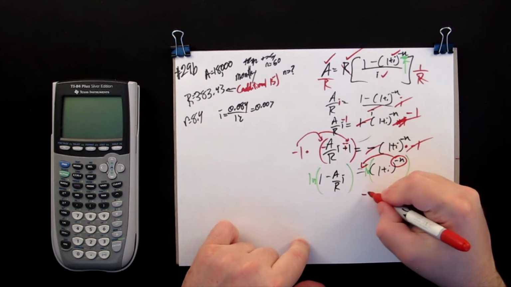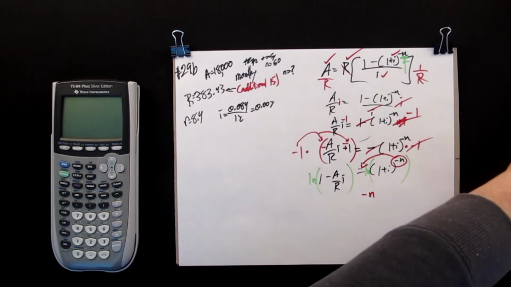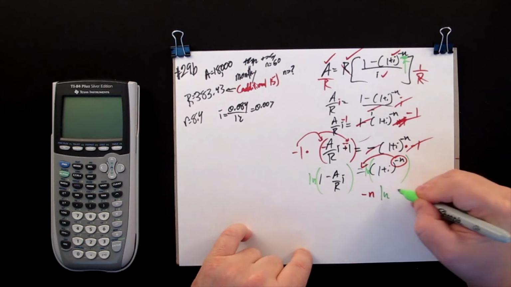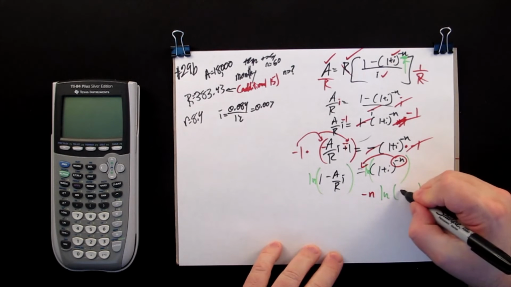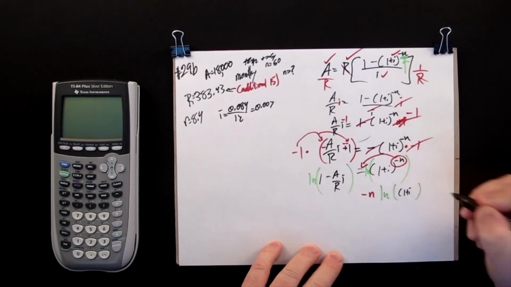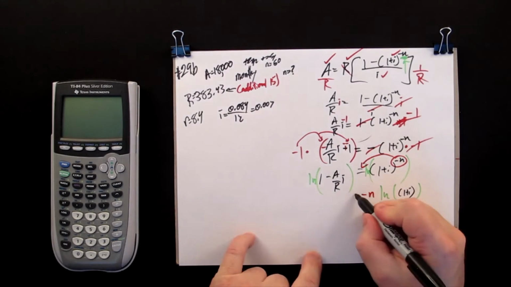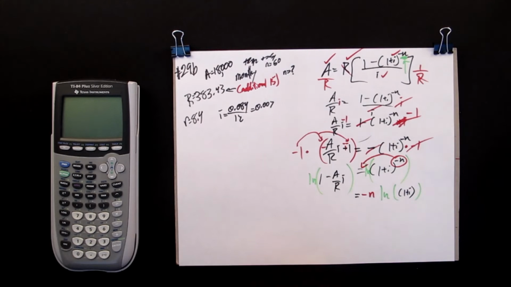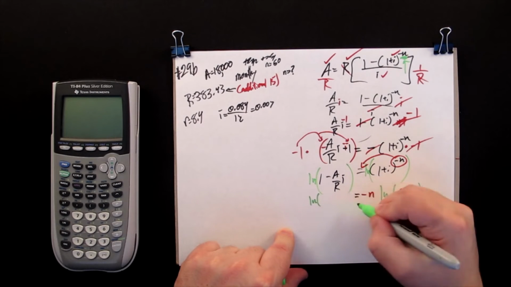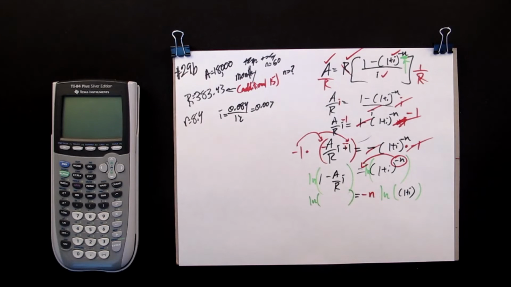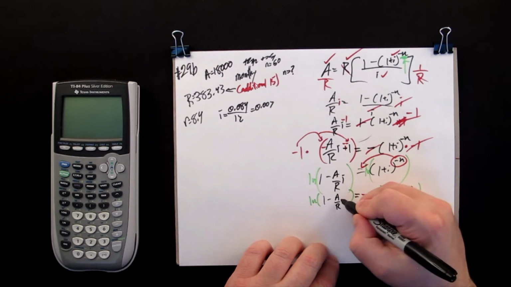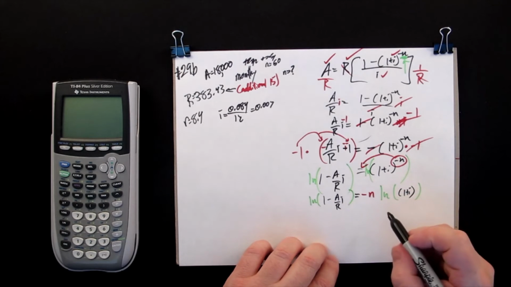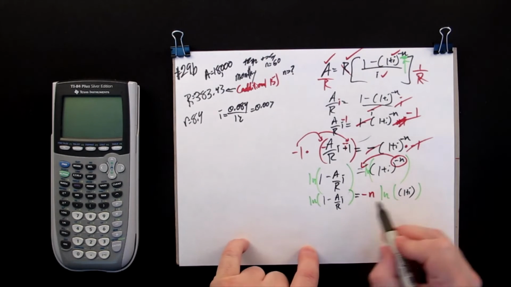So you have minus n times the natural log of 1 plus I. That's going to equal the natural log, and this term, nothing's happened to it just yet. So 1 minus the principal divided by the payment times the interest rate.